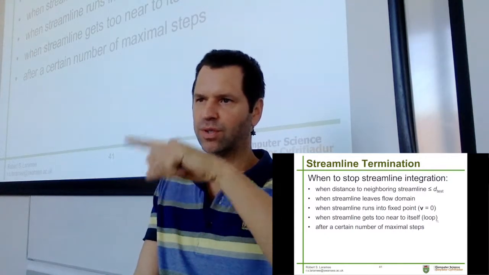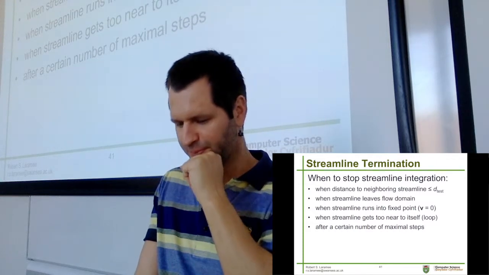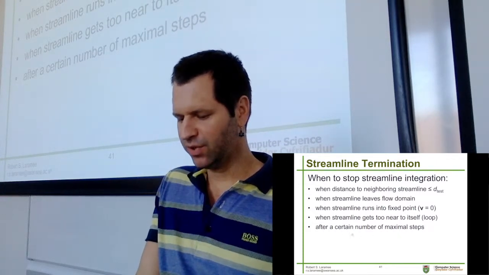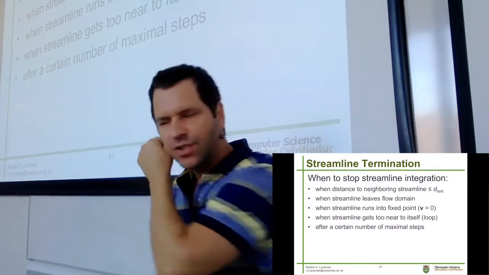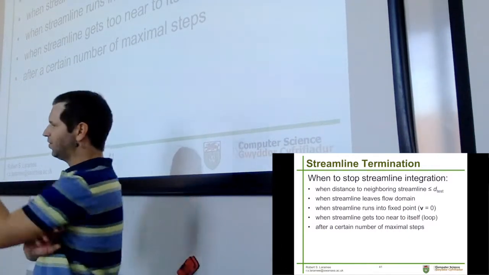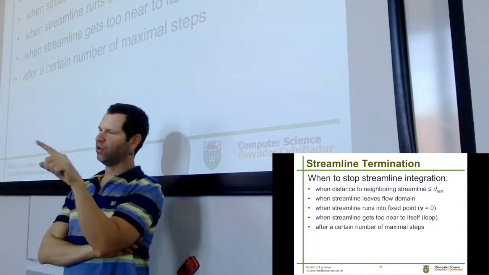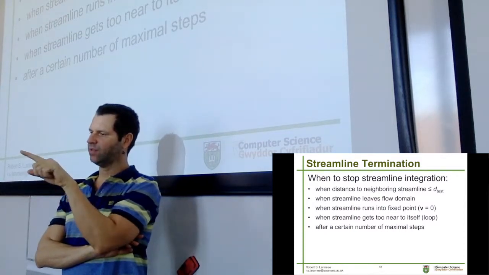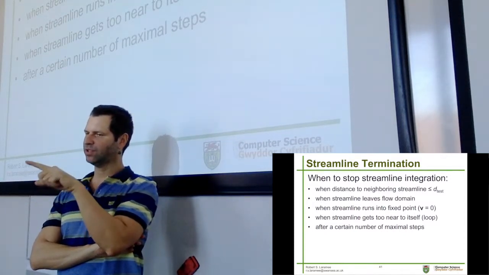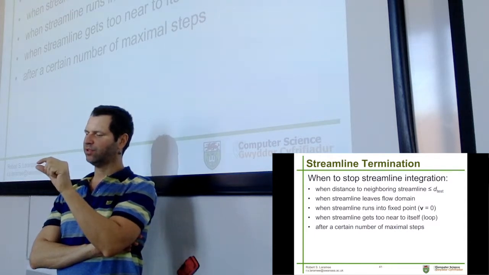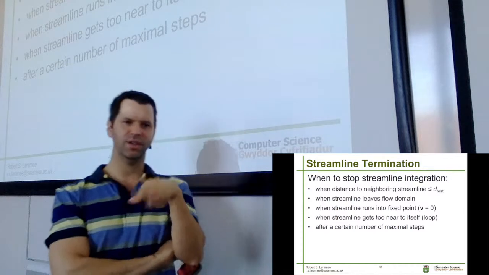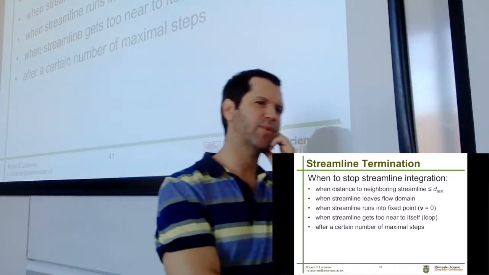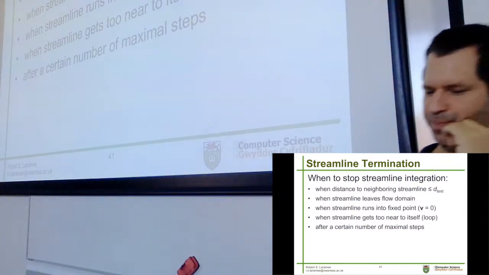They form loops that overlap with themselves. Or after a certain number of maximum steps. That's to catch these weird streamlines that spiral in a very, very gradual way. Like you can have a streamline that forms a spiral, and the spiral is so fine that it almost never ends. It takes too much computation time away from the user.